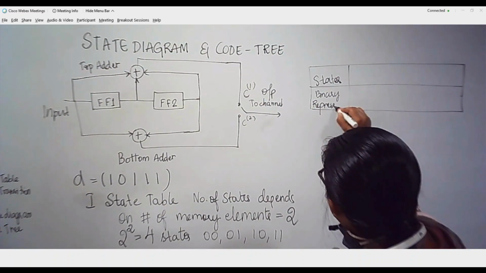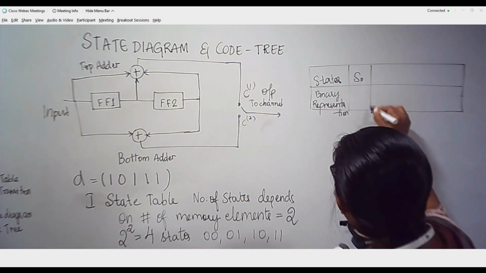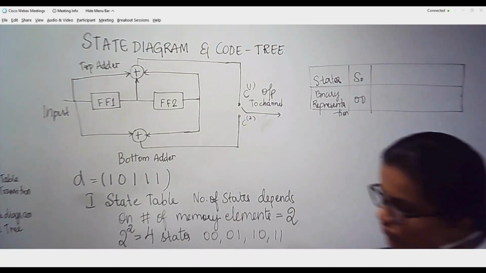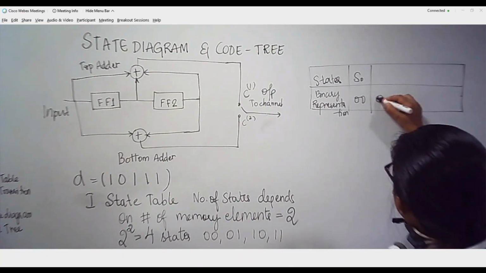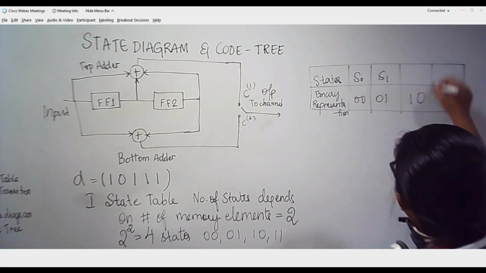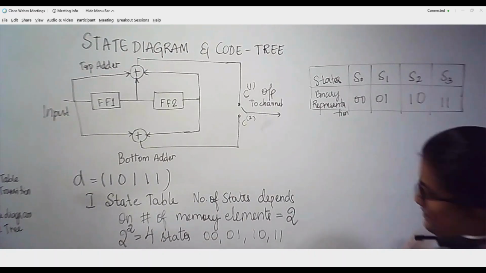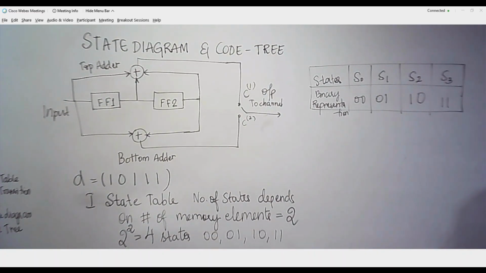You can also call it binary representation. I am going to name 0 0 as S0, 0 1 as S1, 1 0 combination as S2, and S3 would be 1 1. So this is what we call the state table.